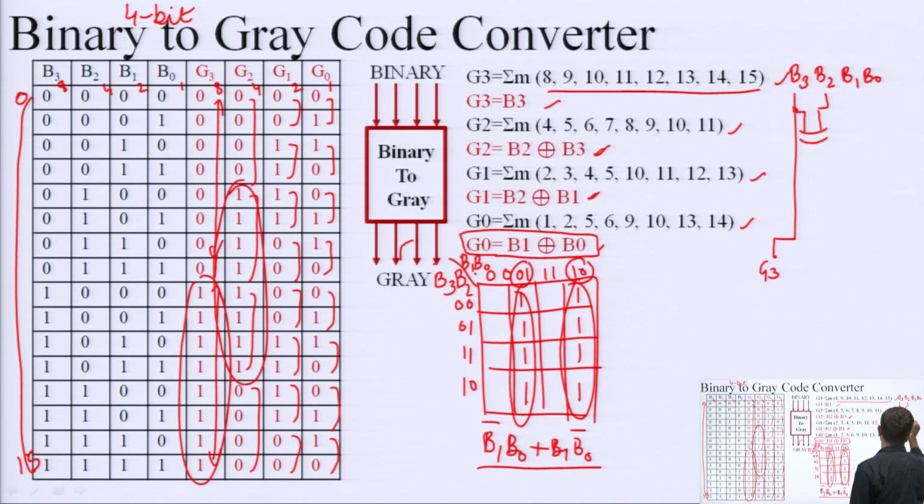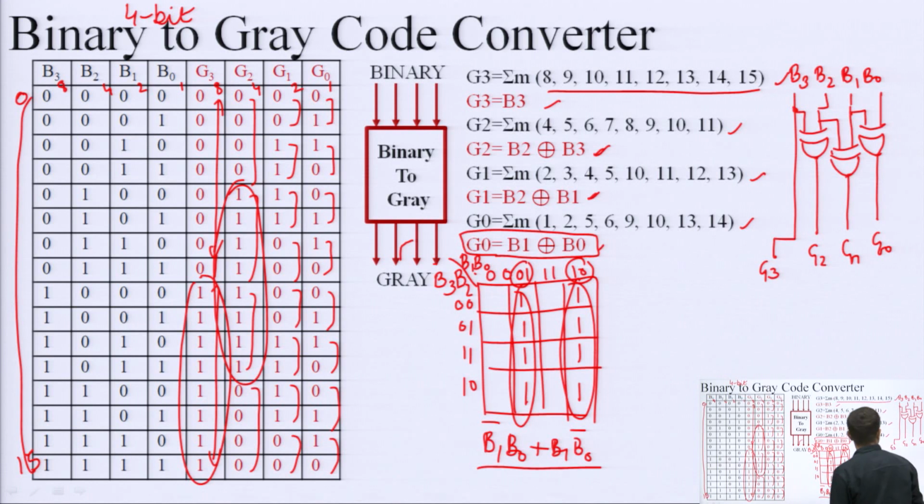If these two are XORed, then this gives me G2. Similarly, these two, B2 and B1, when XORed give me G1. Similarly, this gives me G0. Okay. So, in this way we have prepared a binary to gray code converter.